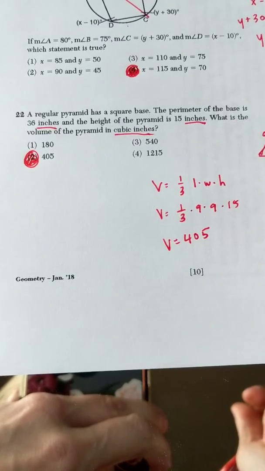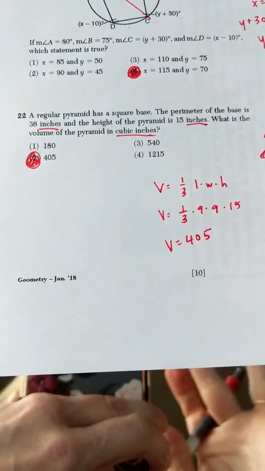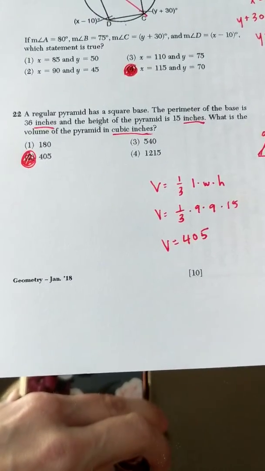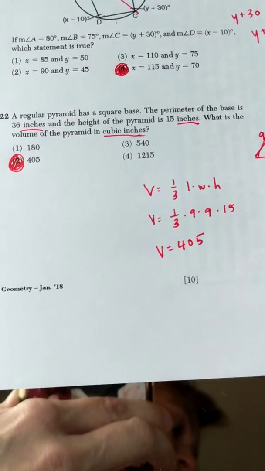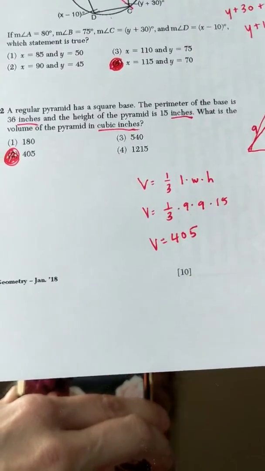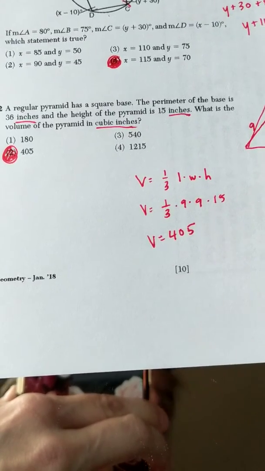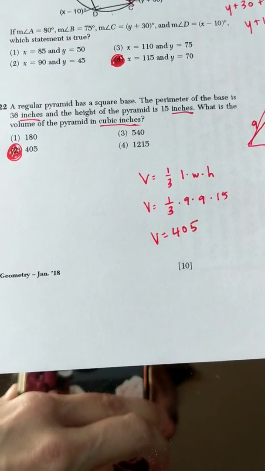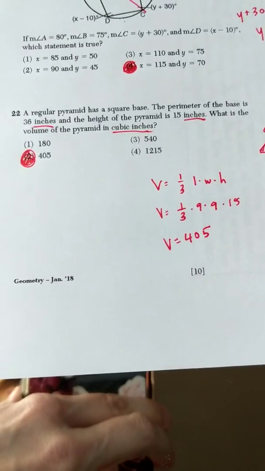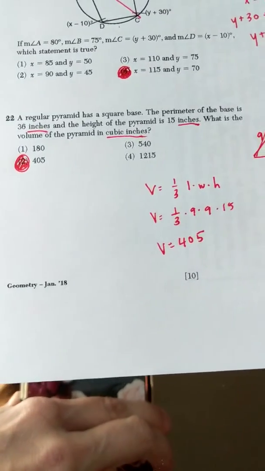Okay, and just take a breath and pause and read it again and make sure that you didn't miss anything. This is a pointy figure, so we have to have 1/3 in our equation. Just like when we did the cone question earlier in this set, number 7. Again, if you don't have 1/3 in your equation, you're missing something.